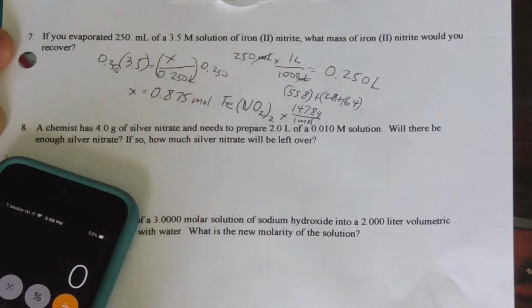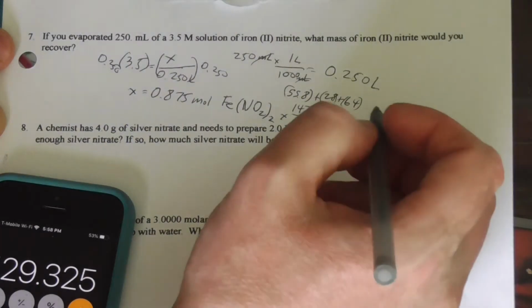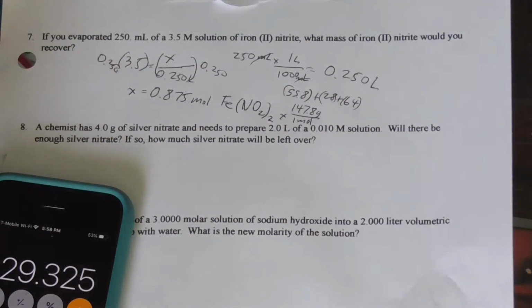So that would be 0.875 times 179.8, 157.3. Let me just check to make sure my answer matches.